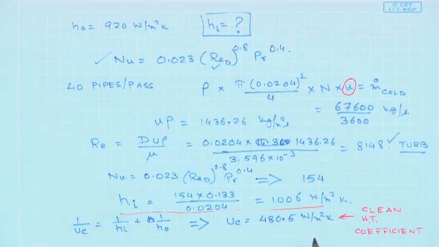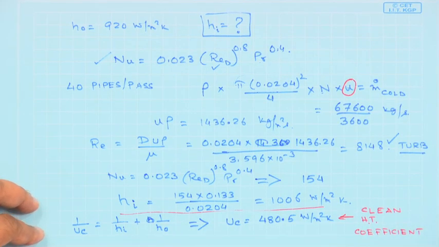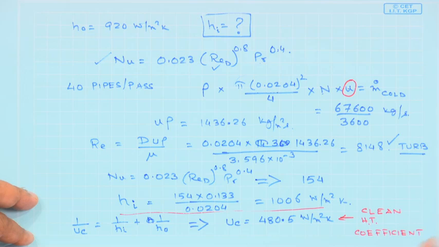So, once I know the clean heat transfer coefficient, the next step is to find the heat transfer coefficient for a heat exchanger which has been in use for quite some time, such that the dirt factor resistance, the resistance due to the dirt deposited on the tube and on the outside of the tube, must be taken into account.